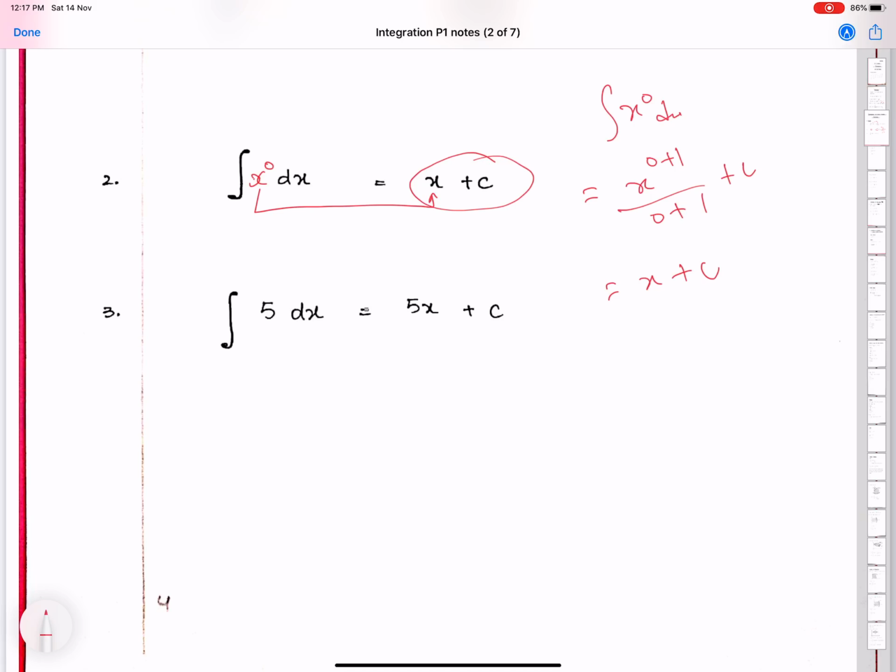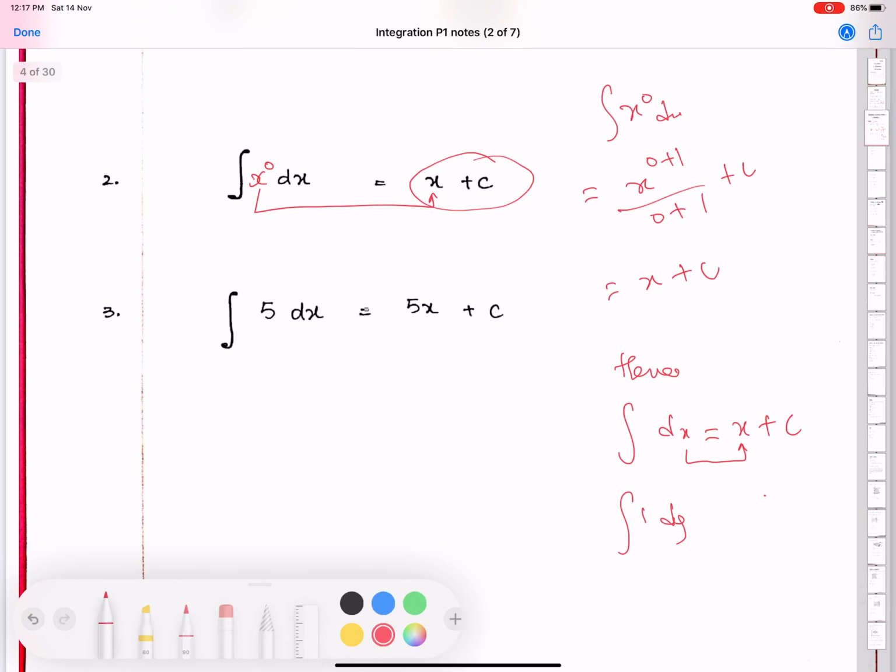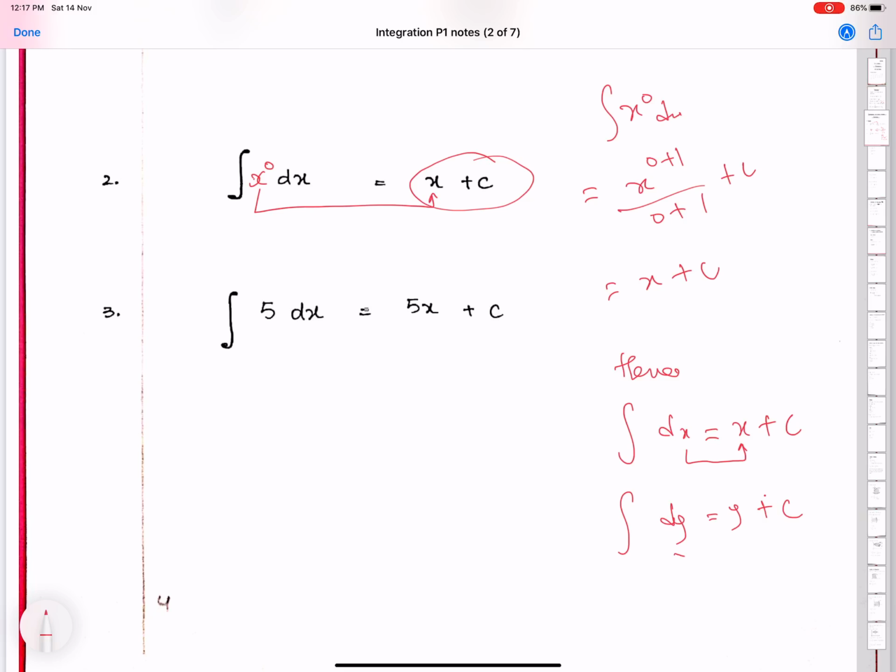So when we don't have anything between the sign of integral and dx, for example like this, then we always write x plus c. You can learn this in this way, write this x. For example, if you have dy and nothing is here, just 1 is here, let's say, so the answer is y plus c. This is the way to learn this.